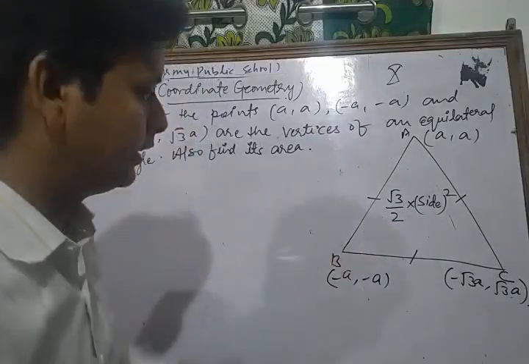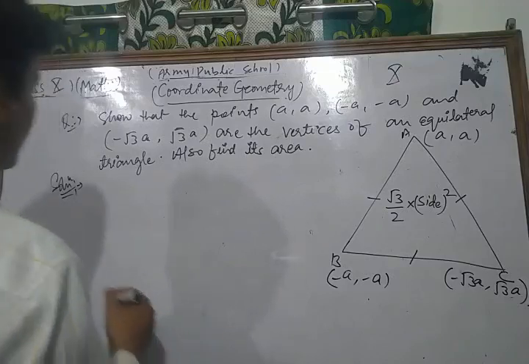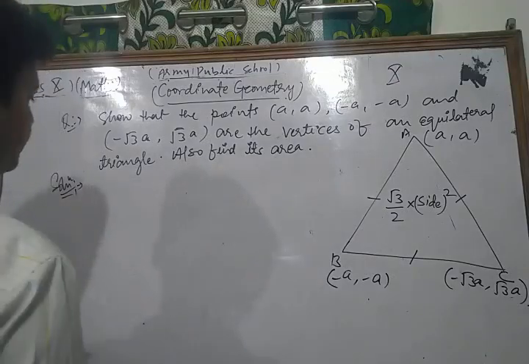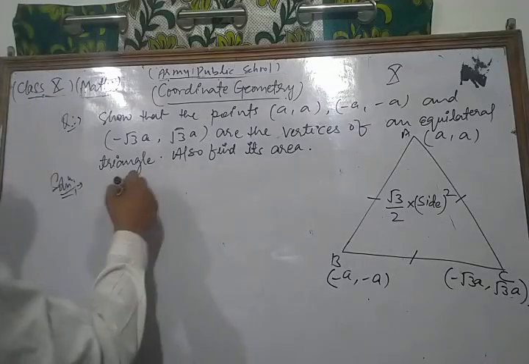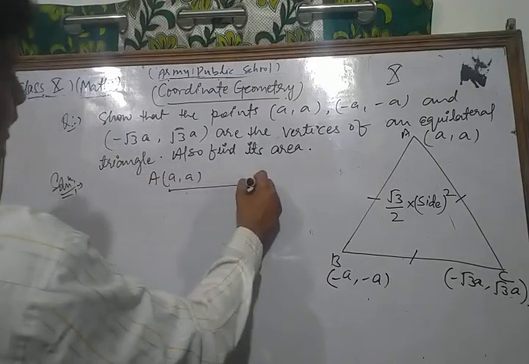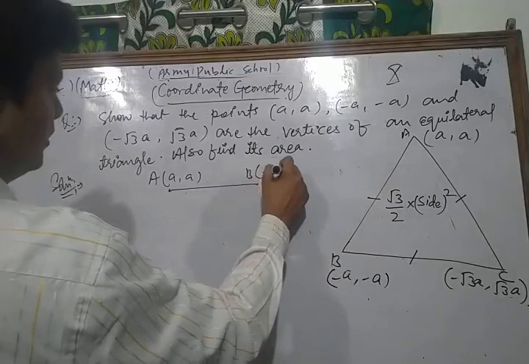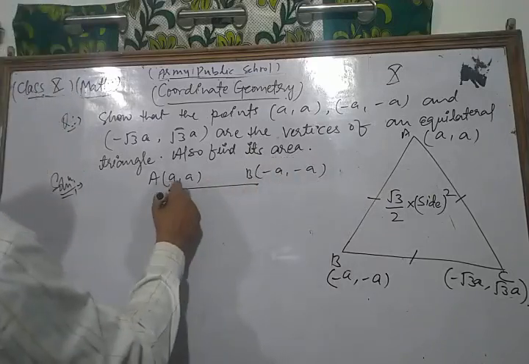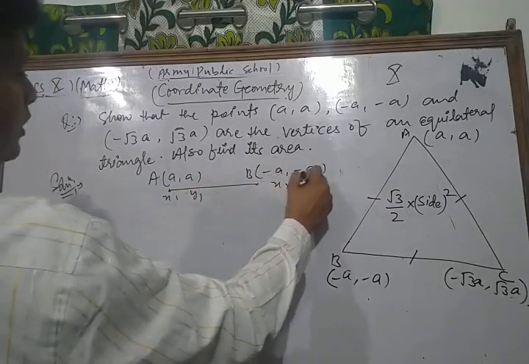So first of all, we find distance AB. Here the coordinate of A is (a, a), and the coordinate of B is (-a, -a). We take them as x1, y1, x2, y2.